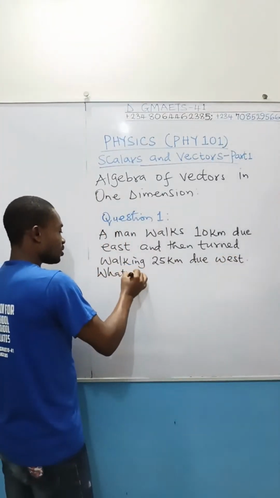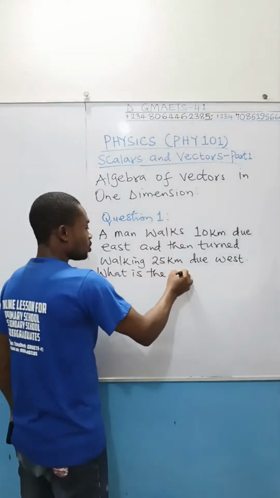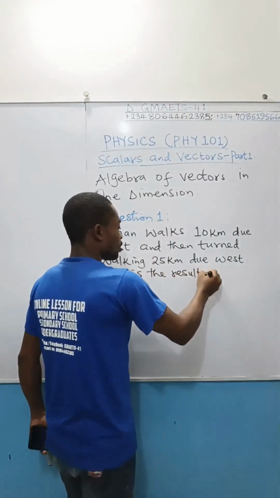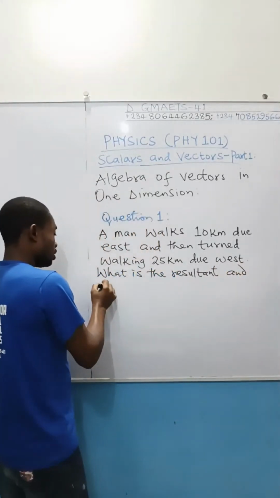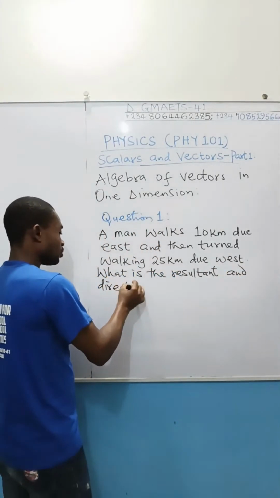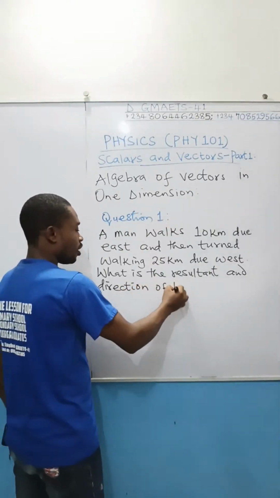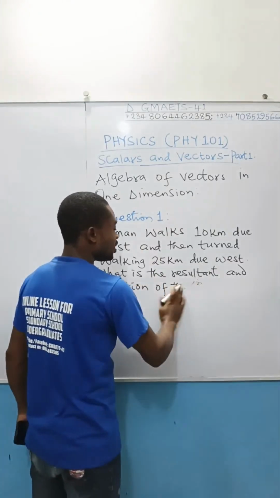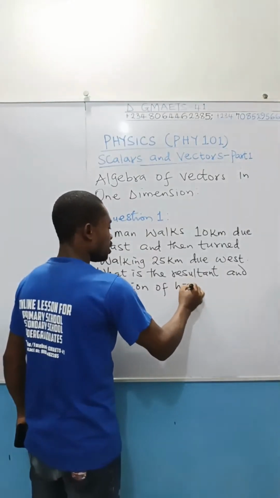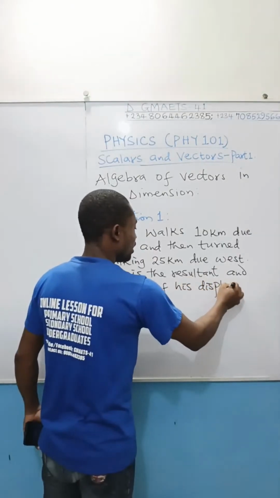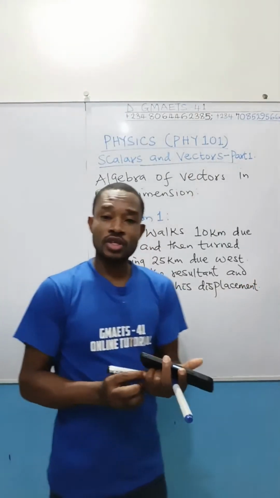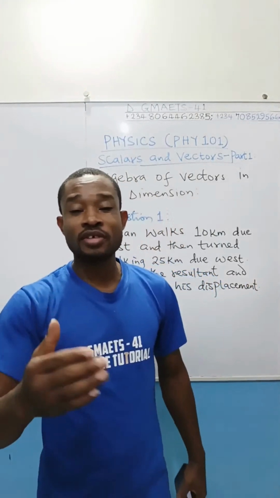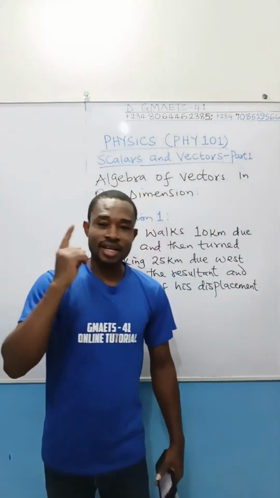What is the resultant and direction of his displacement? Good. So you see, what we are looking for here is the displacement of the man, not distance.